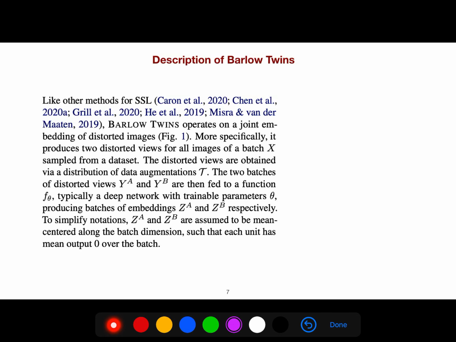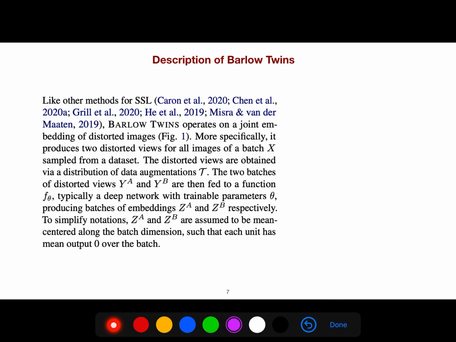Like other methods for self-supervised learning, Barlow Twins operates on a joint embedding of distorted images. More specifically, it produces two distorted views for all images of a batch sampled from a dataset. The distorted views are obtained via a distribution of data augmentations.